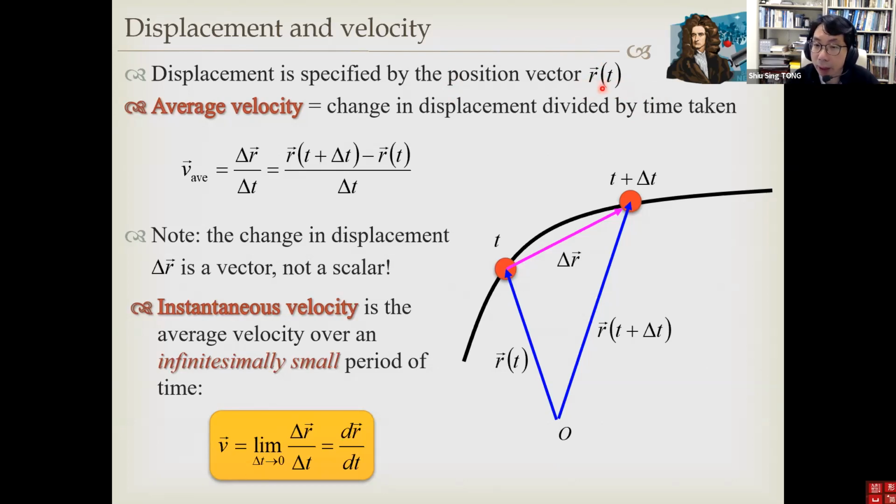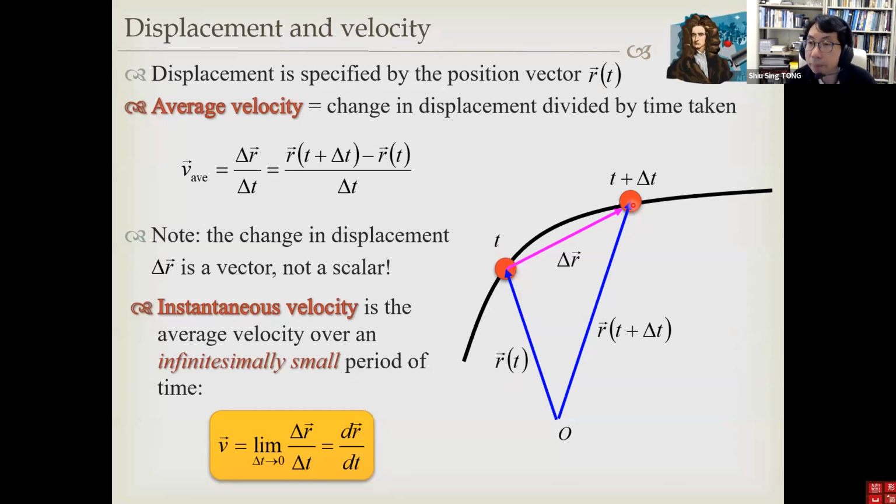Now we choose an origin, a coordinate origin, which we call O. To describe the position of the object at a certain time t, we draw a vector from this origin to the position of that point object. I denote this vector by r as a function of the time t. So that is the position of the object at time t.